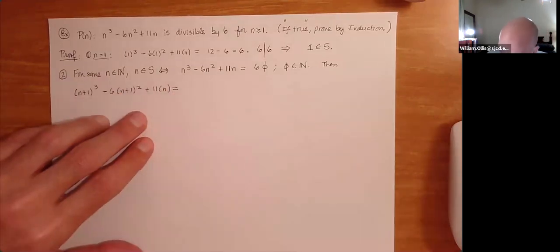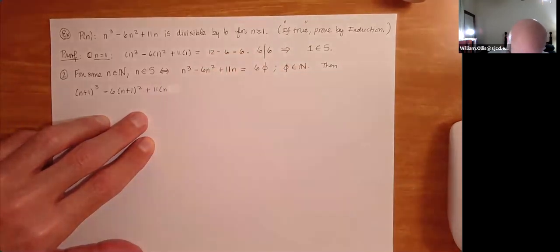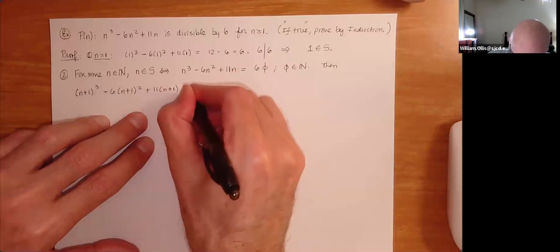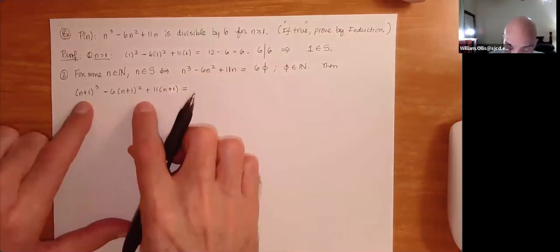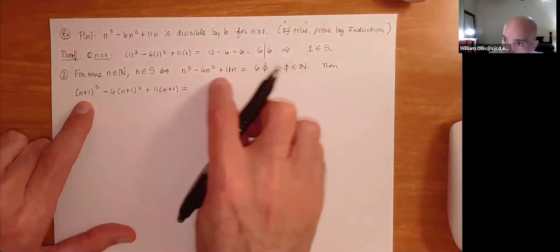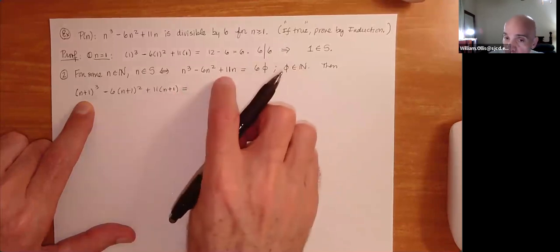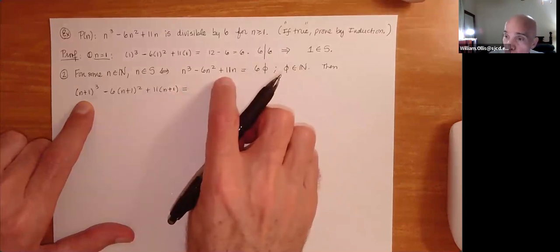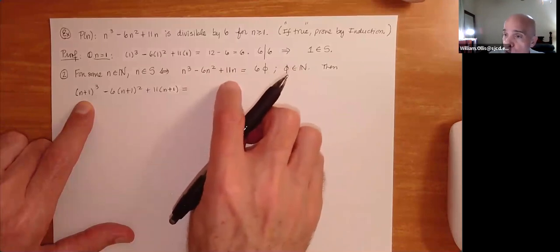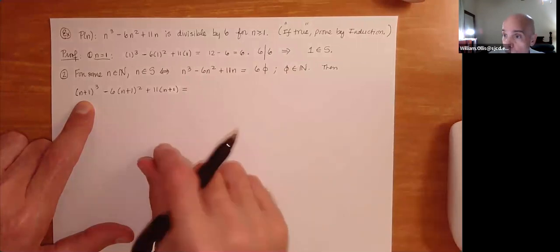At this point, if we expand, we should be able to recoup this expression because we've got the n's here, and then we can use our induction hypothesis. So remember, if you don't use the hypothesis, you didn't prove the result by induction. I'm not saying this is the only way to prove this result, clearly.